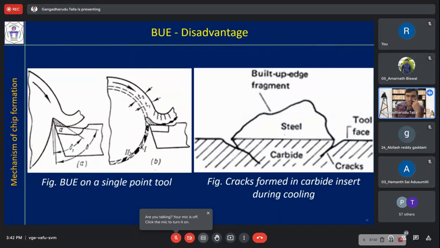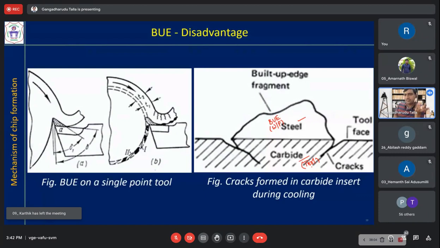So coming to the second figure, you observe steel and carbide. Steel is nothing but the built-up edge. So built-up edge material is largely workpiece material only. Carbide is here tool material. Now steel and carbide have different melting temperatures and their cooling rate is different.